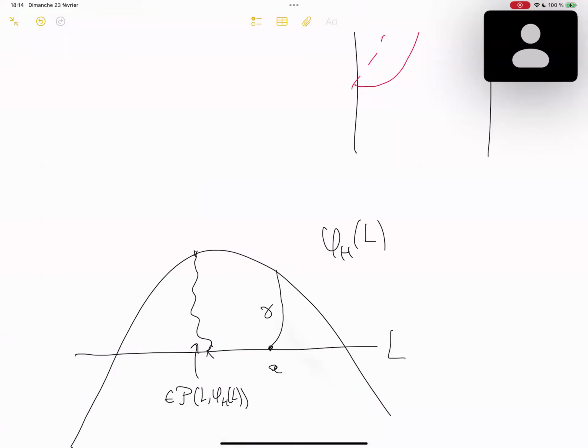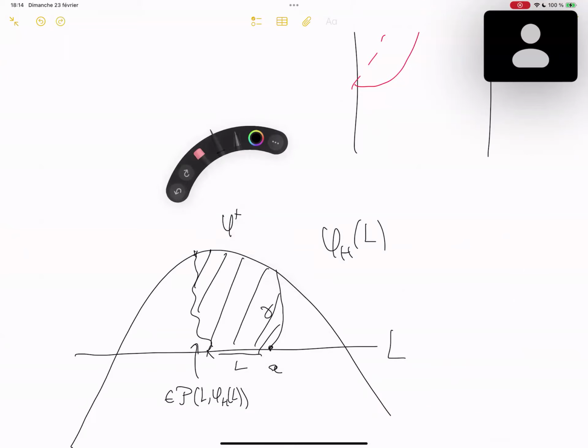And I have my reference path here, and so my homotopy of paths will be what we call a capping. So it also has boundary on L on the bottom and on phi h L on top.